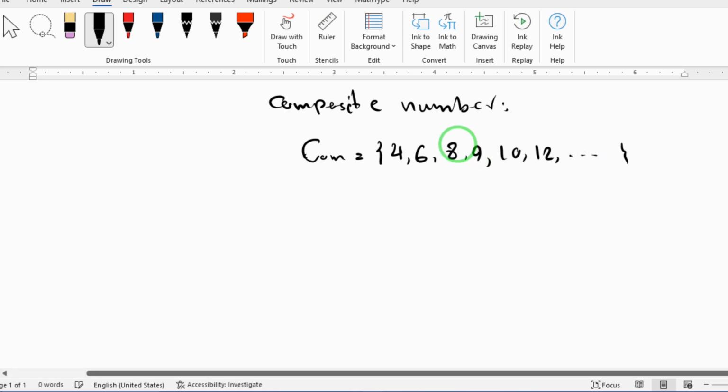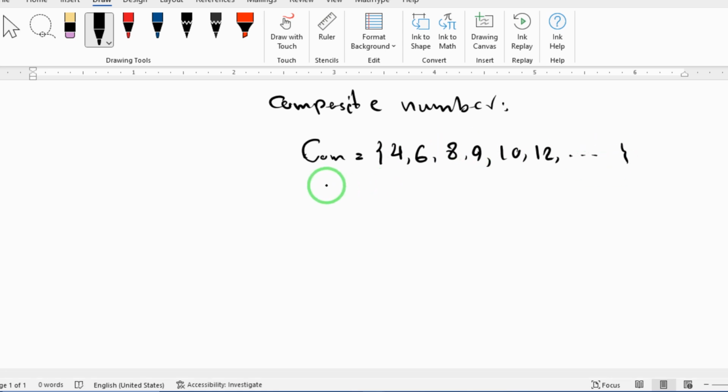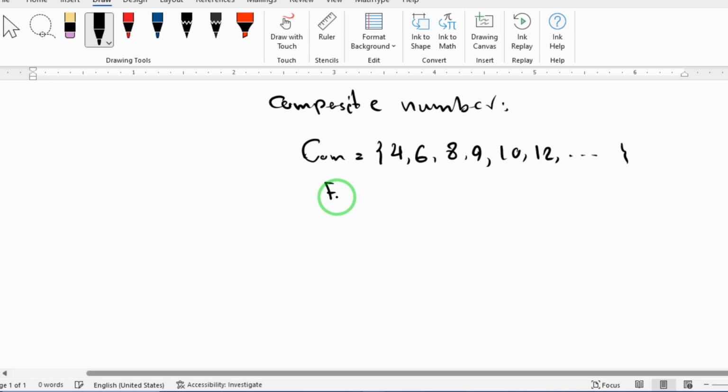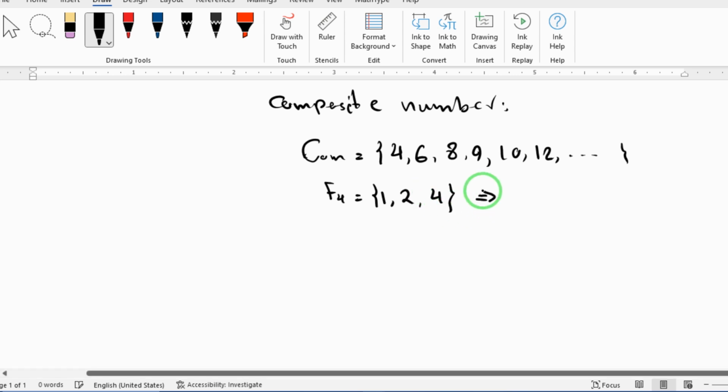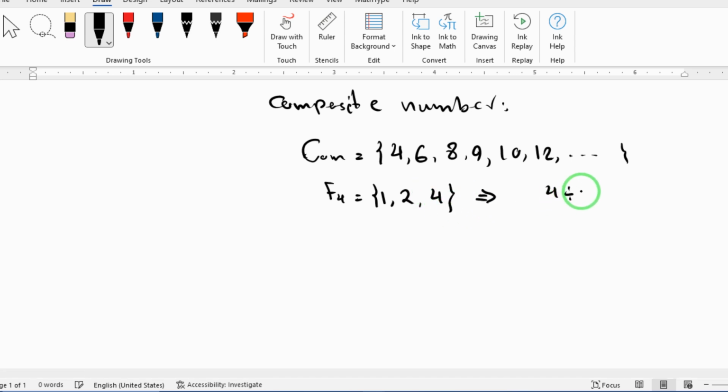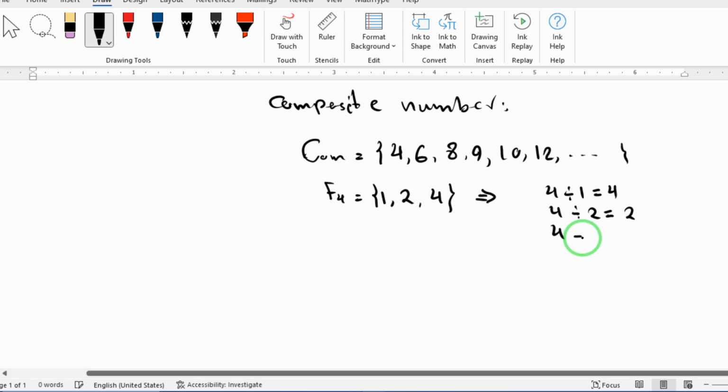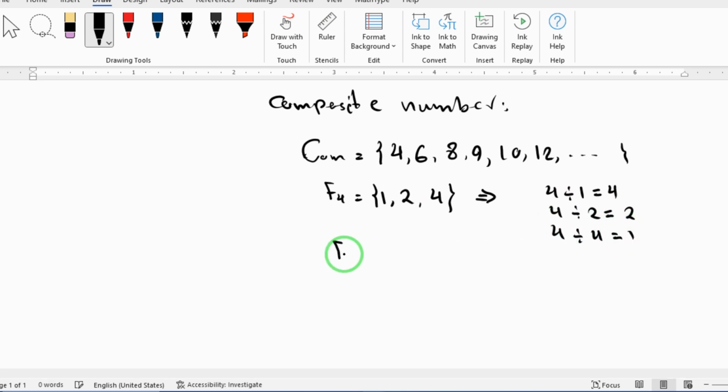These numbers are called composite numbers because if we write the factors of 4, it has 3 factors: 1, 2, and 4. It means 4 divided by 1 equals 4, 4 divided by 2 equals 2, and 4 divided by 4 equals 1. Or we list the factors of 6.